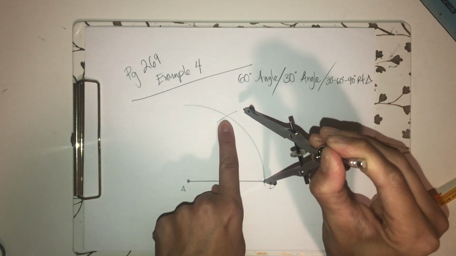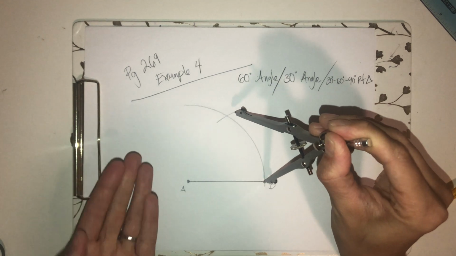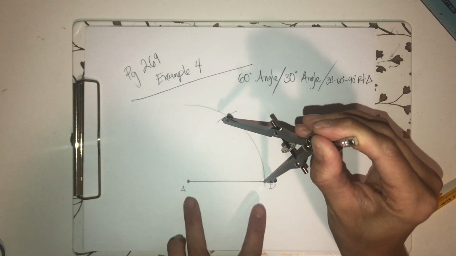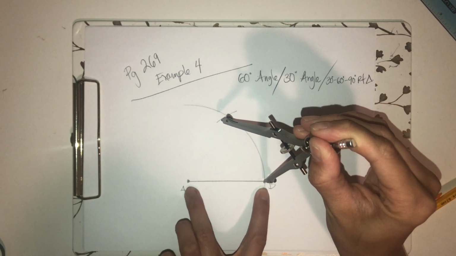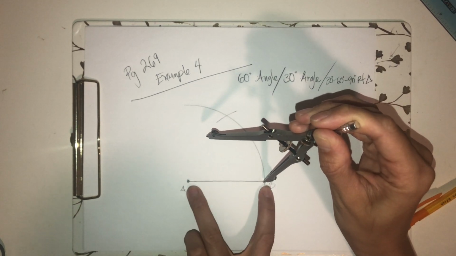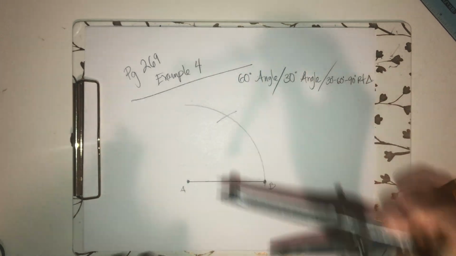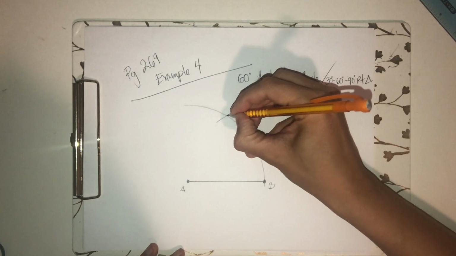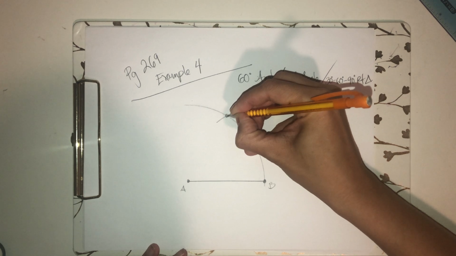You just want to capture this point right here, the intersection of the two arcs, centered at A and then B, or vice versa, in which the radius is the distance of the line segment you drew. So I've captured that intersection point. I'm going to call it C.